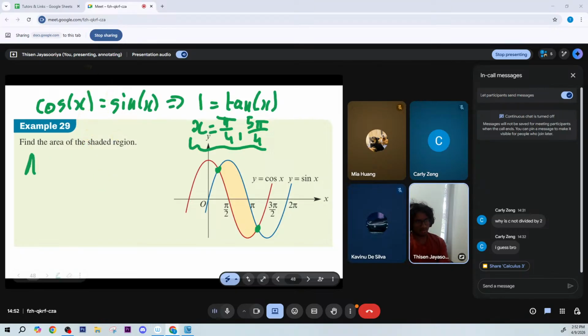But here, the area of this is equal to the integral from pi over 4 to 5 pi over 4 of sine x, take cos x, dx. So, here, what is the integral of sine, Kavini?